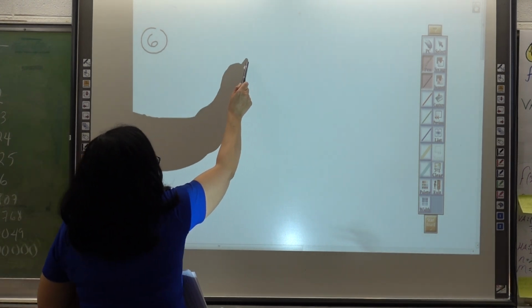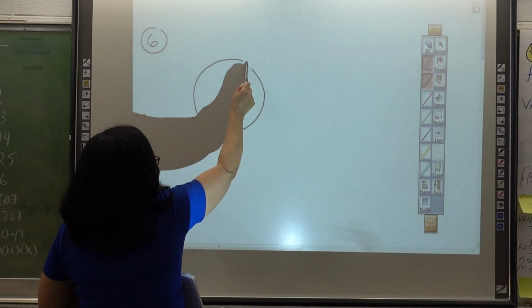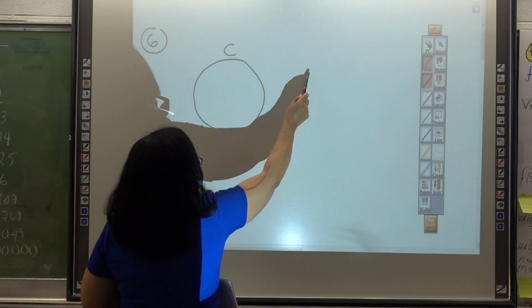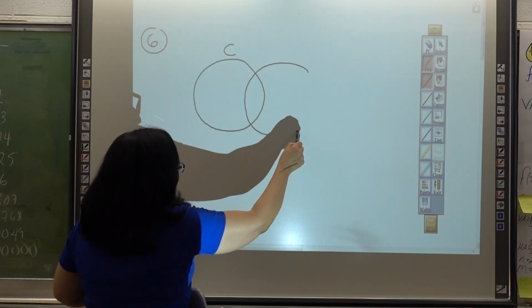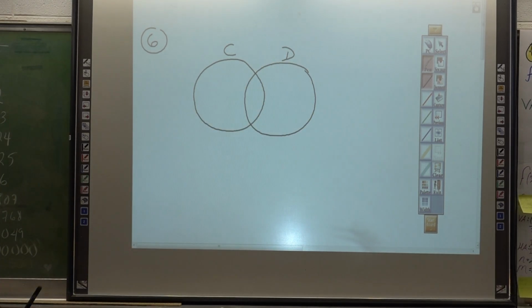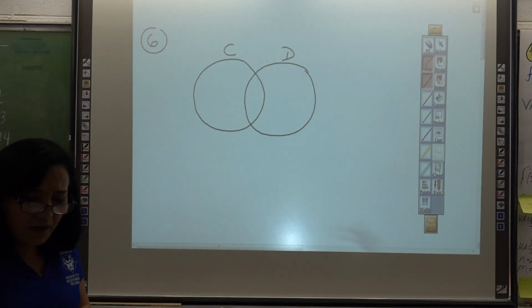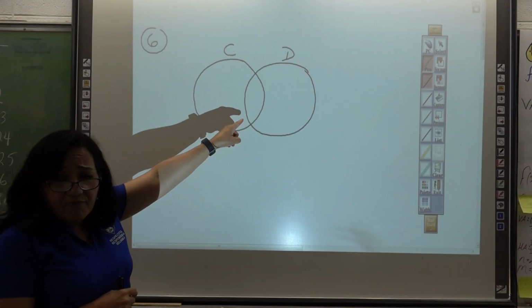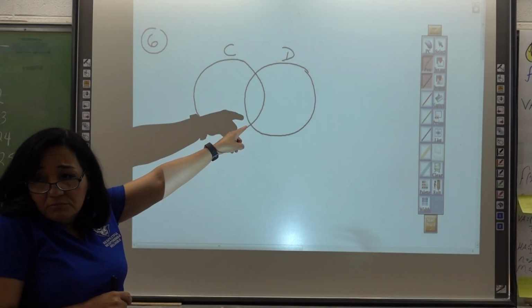So let's say this is the set of people who have at least one cat, and this one is another set of people who have at least one dog. The reason why I'm intersecting these two sets is because it's possible to have one in the middle, at least.